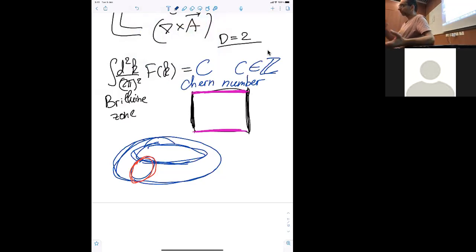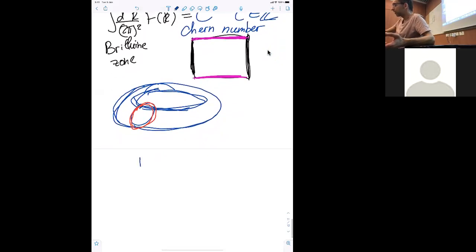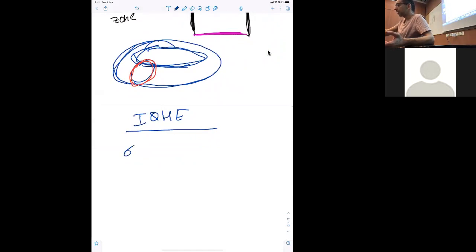Now, Chern number has a well-known physical interpretation. We know that it emerges in the context of integer quantum Hall effect, because it's exactly the same object. Systems which are integer quantum Hall effect have the same topological index. It's called Chern number, and it has a physical consequence, namely Hall conductivity is equal to e squared over h times this Chern number.